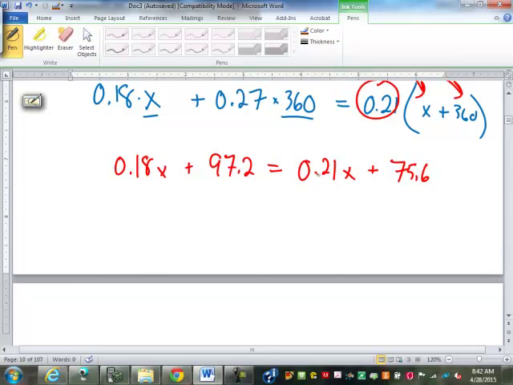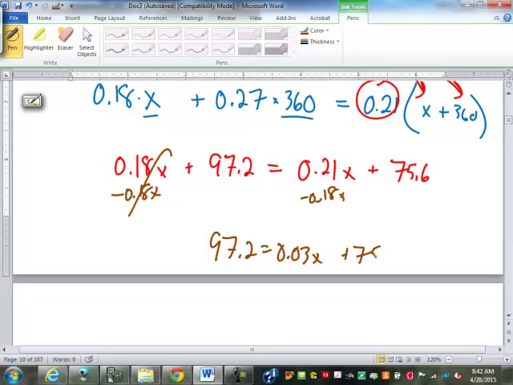So now we need to get rid of one of the x's. I'm going to get rid of the 0.18x. So I have 97.2 equals 0.03x plus 75.6. And then subtract 75.6.